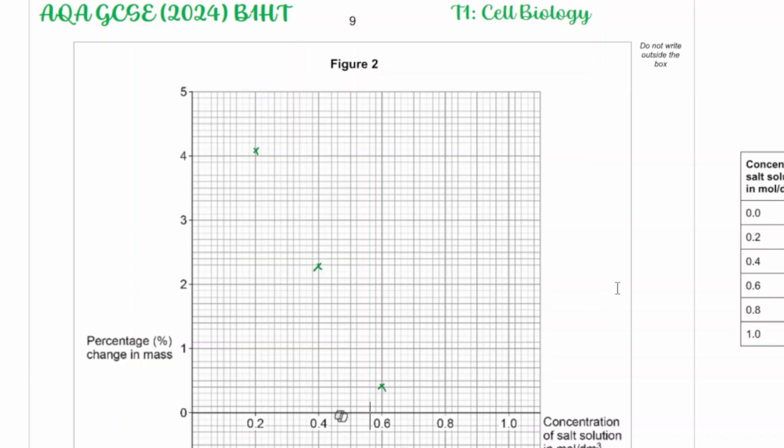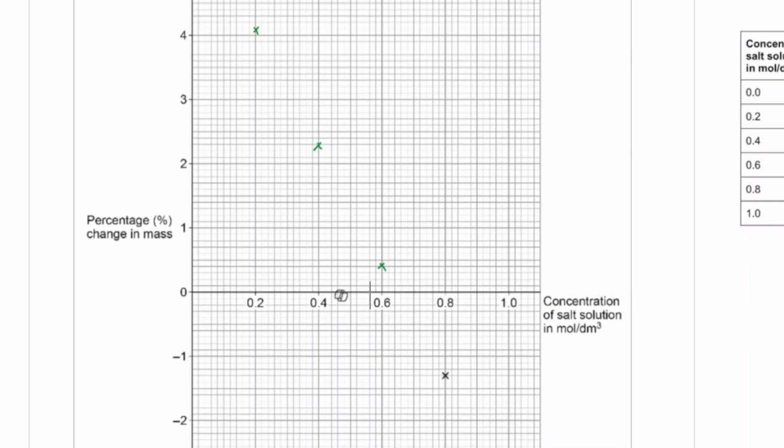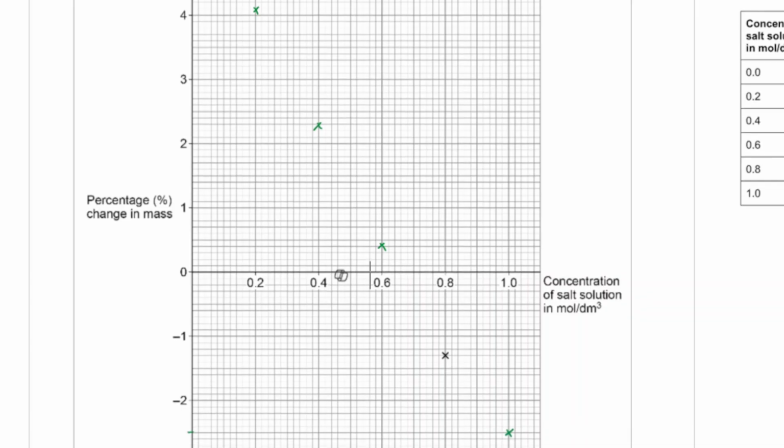Okay. So let me bring that into focus. So you can see all the points now, and they're not a curve, they're actually a straight line. So I could draw a straight line, can't I? So let's draw that.